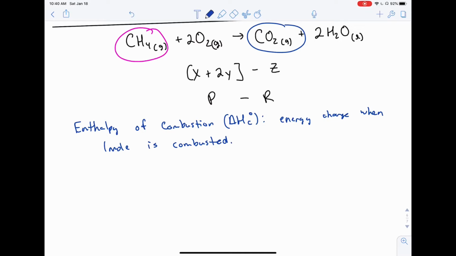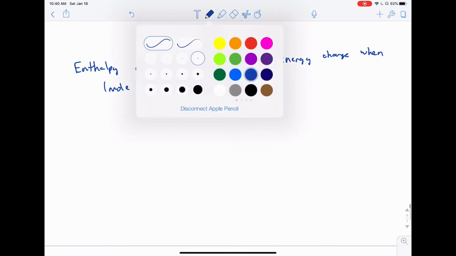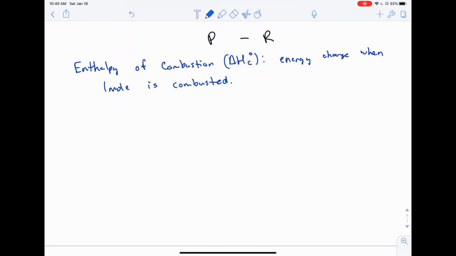So an enthalpy of combustion reaction means different rules. It means it's combusting with O2, and you can only make 1 mole of that. For example, let's say we had C2H4 plus O2 yields CO2 plus H2O.